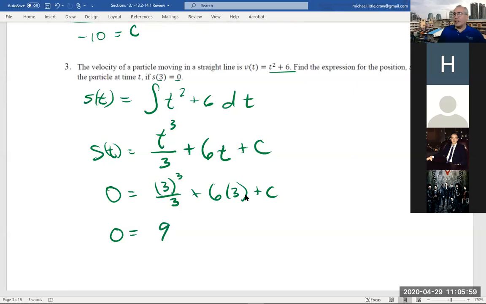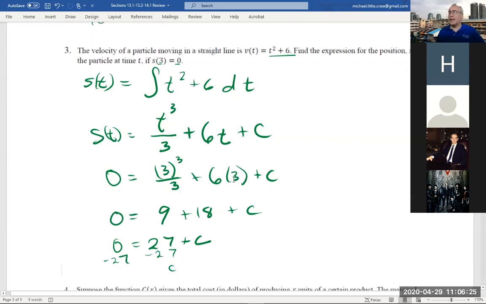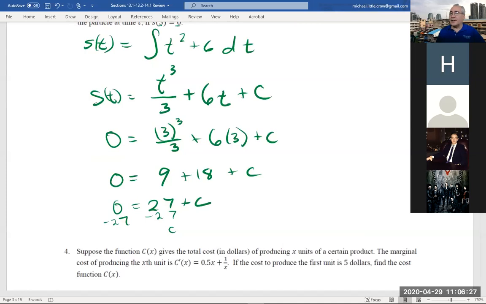Or you could think it's really 3 squared, however you want to do it. This is 3 times 6, which is 18, plus a constant. So 9 plus 18, we're back to 27. So we subtract 27 from both sides. And so our constant is going to be negative 27.